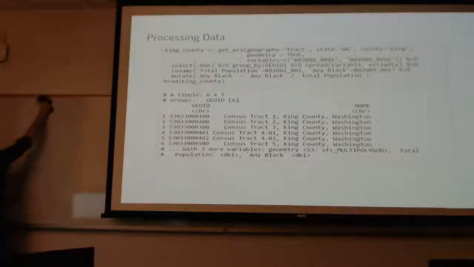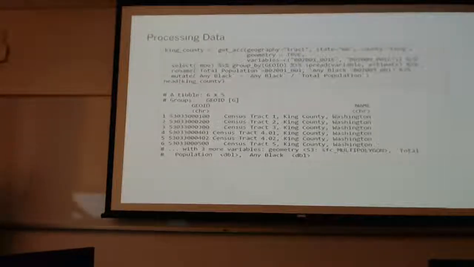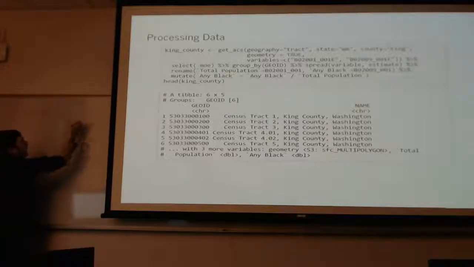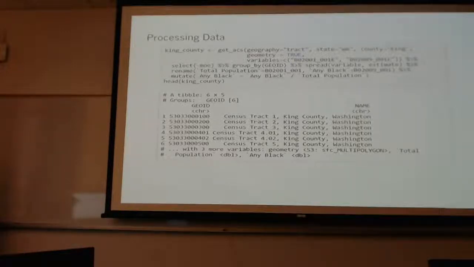Okay. So you have a data frame that comes in with the GEOID, so that's like the tract level or state level, whatever indicator you're working with. It then has the name, but then it has the variable.